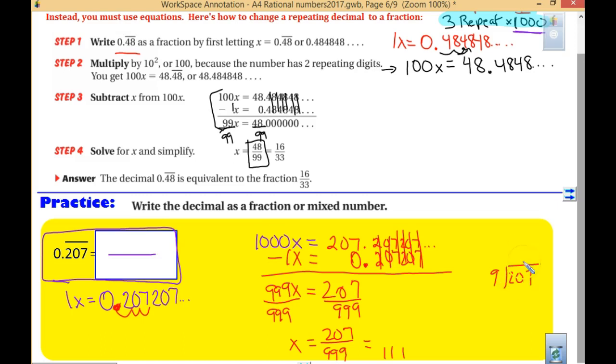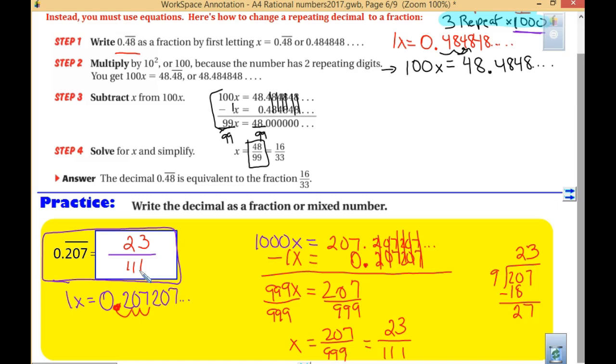So 9 goes into 20 two times, 18. We subtract, 20 minus 18 gives us 2. We get 9 goes into 27 three times. So 23 over 111: check on your calculator, it should give 0.207207207, until maybe it puts a 1 for the last one or something like that, right?